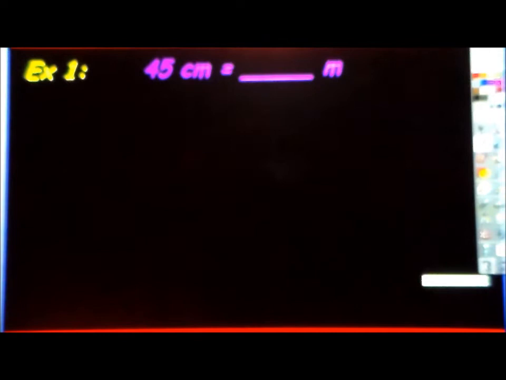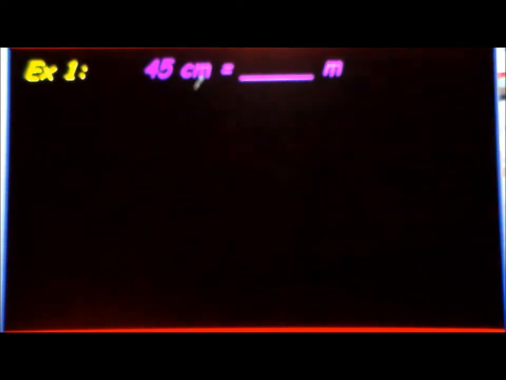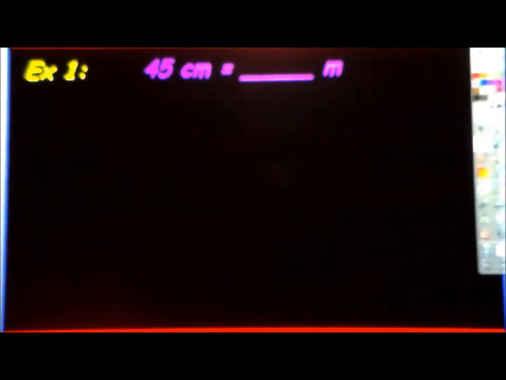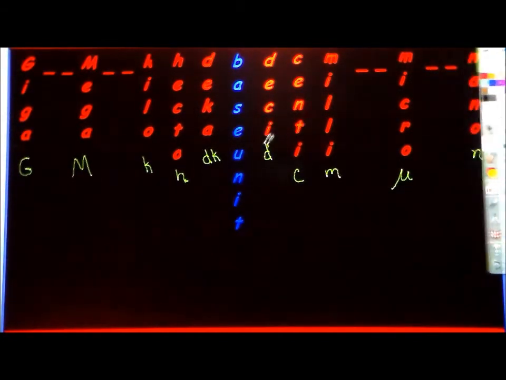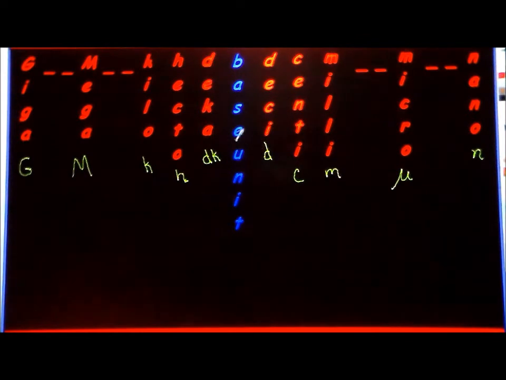Now, for our first example, let's do one that should be fairly simple. Let's deal with centimeters and meters. So let's go back and look at that chart. Notice that centi is two places away from the base unit.